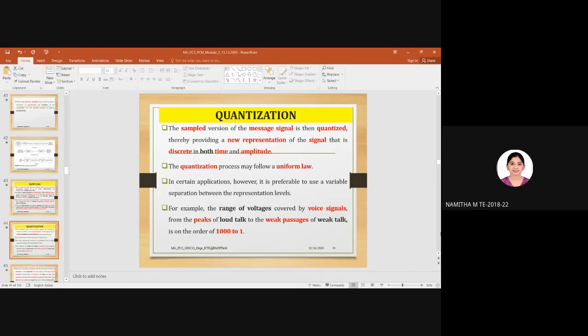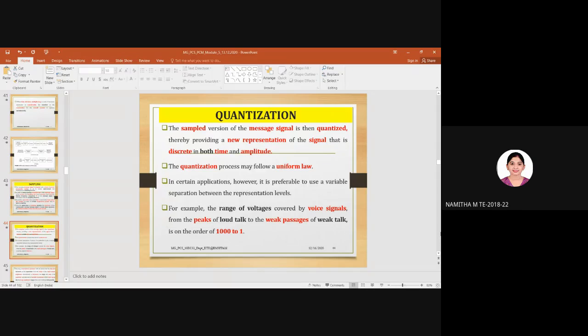Sir, when we discretize the analog signal, that's sampling, sir, but quantization. Okay, when I sample it, the analog signal becomes discrete in time. Why do I go for quantization? What will the quantization process do?